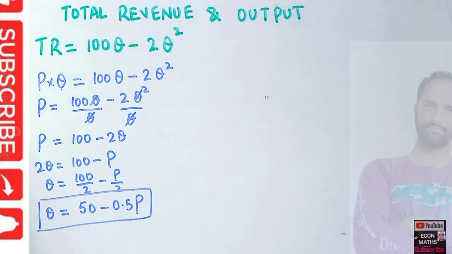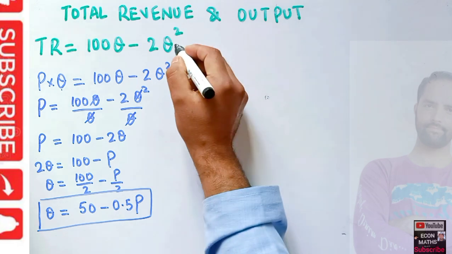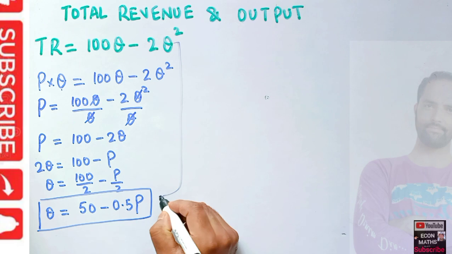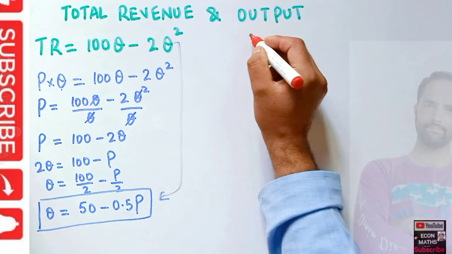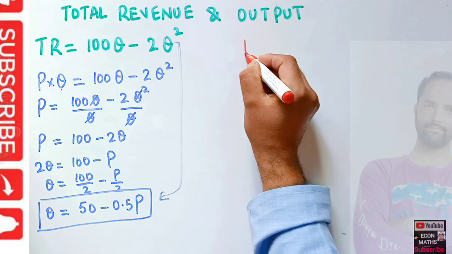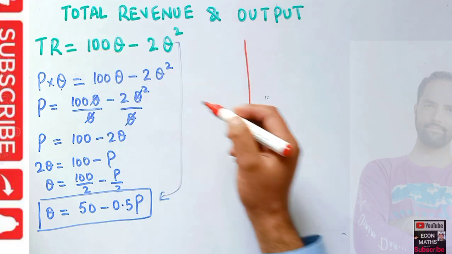Now comes the question of why total revenue is zero at a certain level of output. For that we need to relate this demand function with the total revenue function. Let me draw the graph of the demand function first, then I can explain the total revenue function.